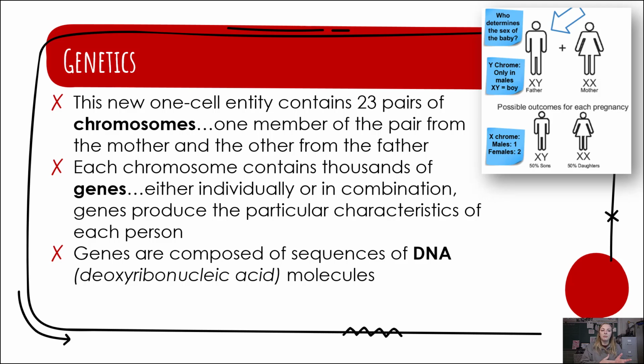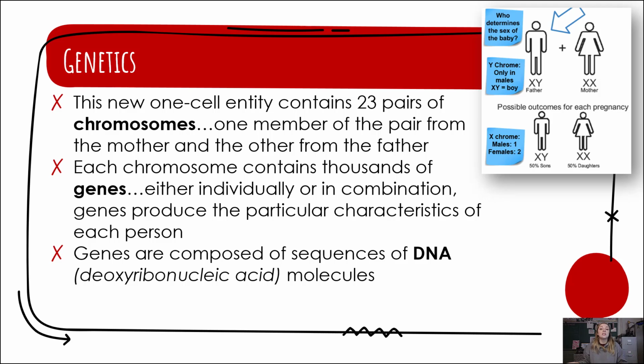One member of the pair from the mother and one member from the father. Each chromosome then contains thousands of genes, and these genes, either individually or in combination, produce a particular set of characteristics that we have as humans. Each gene is composed of sequences of DNA.